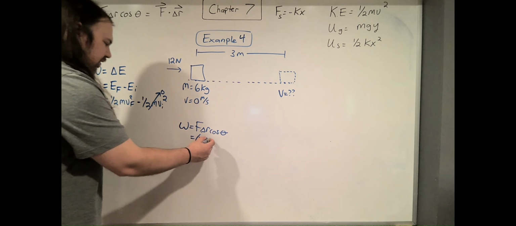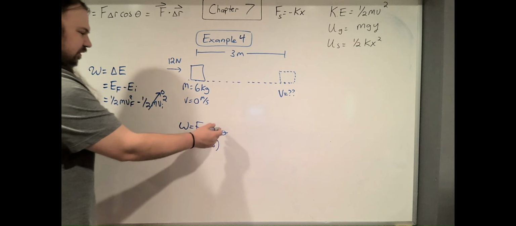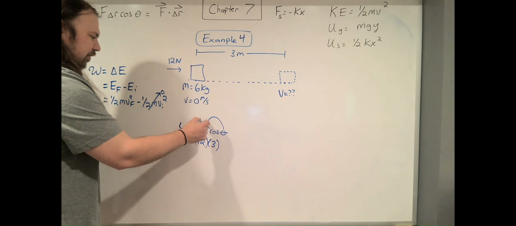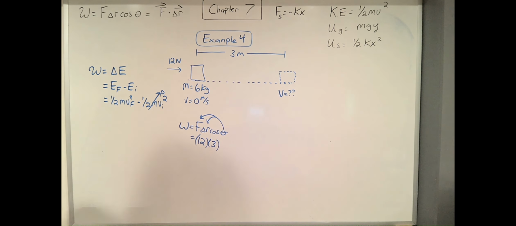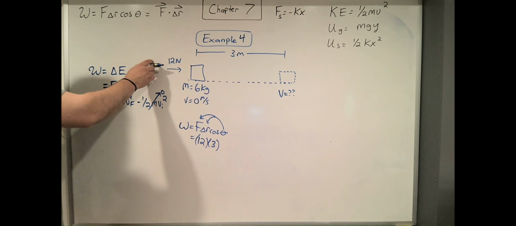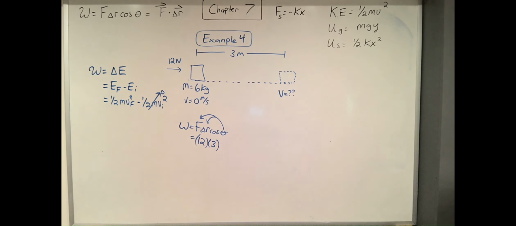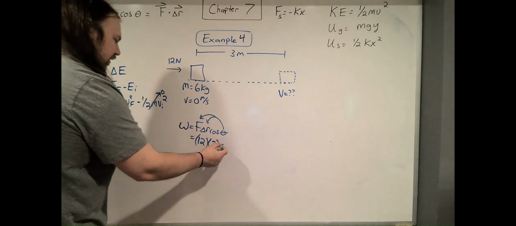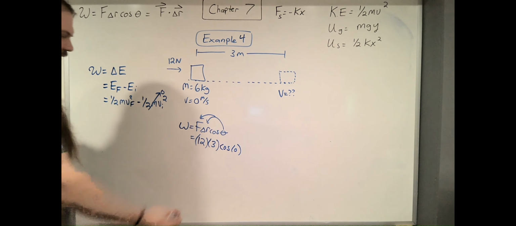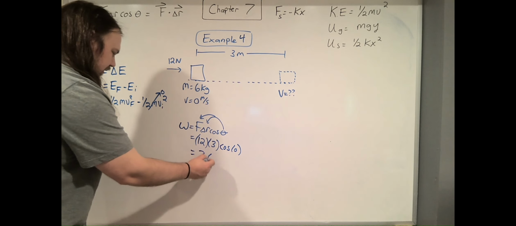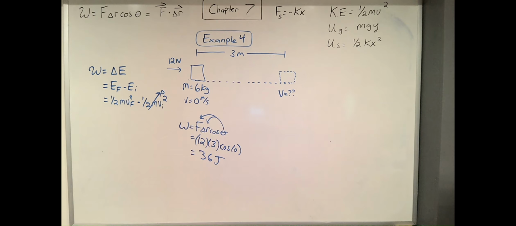The change in r means I'm going to have 3 meters. And then what is the cosine of the angle? Remember, the angle is between the force and the direction of travel. Here I have force traveling to the right. I also have the box traveling to the right, which means this is going to be the cosine of 0, or just 1. So I'm going to get 36 joules for the work.